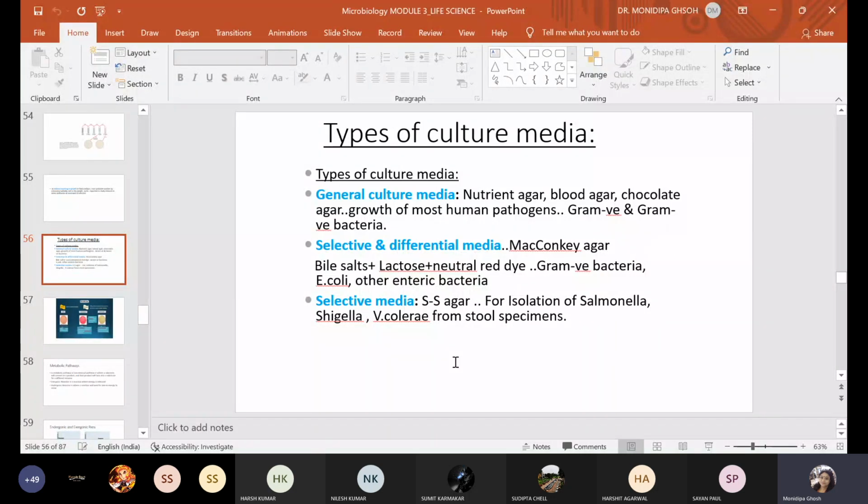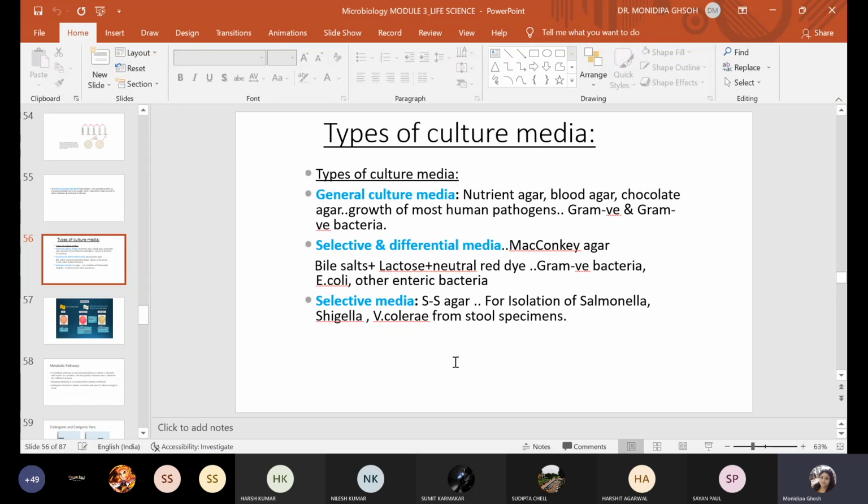So it can be used as a selective media, and if you use this selective media, then the gram negative bacteria, E. coli and some enteric bacteria, can grow in that media, but the gram positive bacteria and some other variations won't grow.